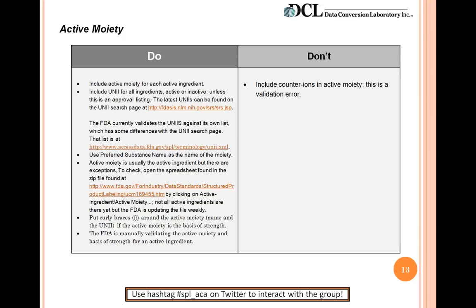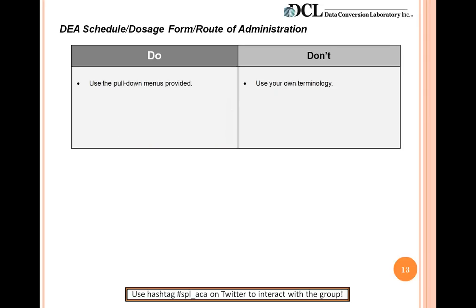As they expand this worksheet, eventually they're going to have an automatic validation to make sure that the basis of strength of the active ingredient is correctly stated as being either the active ingredient or the active moiety. But if you include a counter ion in the active moiety, that's a validation error.